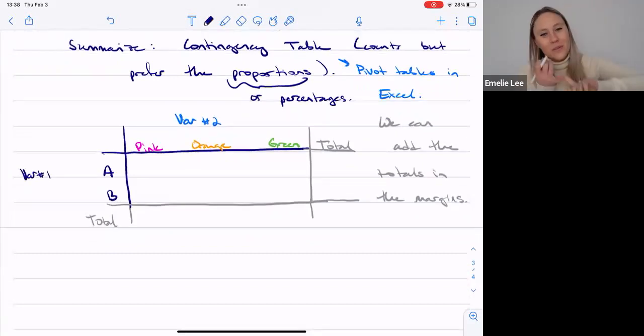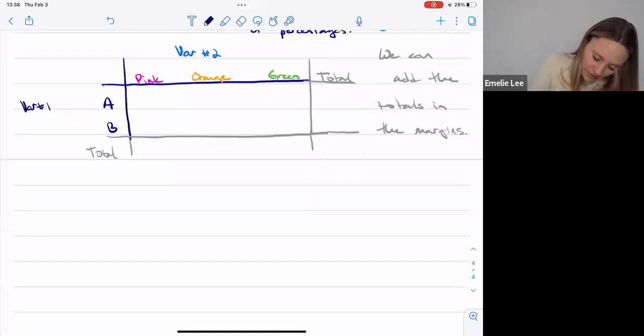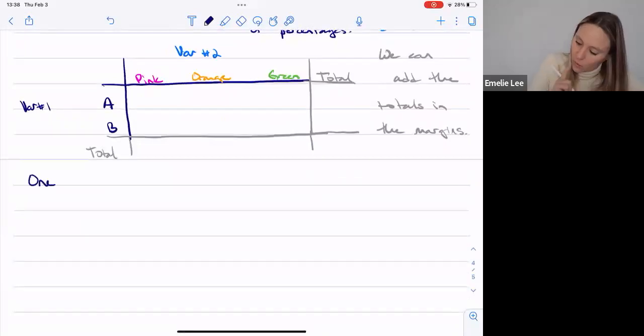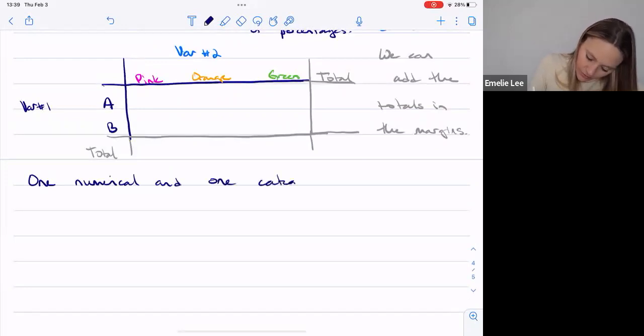So we've talked about 1 numerical variable, 1 categorical variable, 2 numerical variables, 2 categorical variables. What's next? What if I have a numerical and a categorical variable? Uh-oh. Okay. So what if I have one numerical variable and one categorical variable?